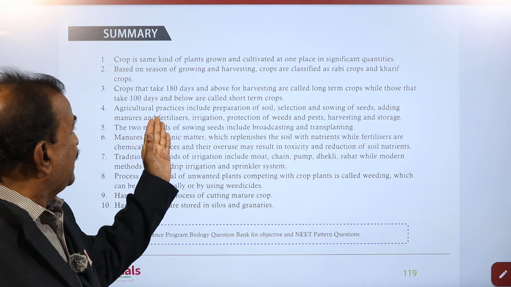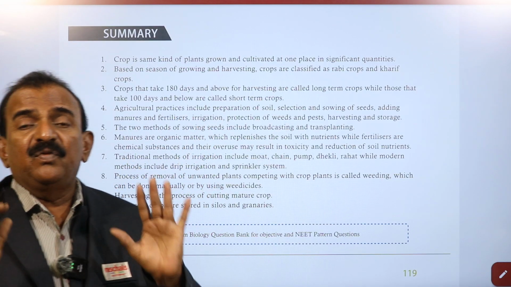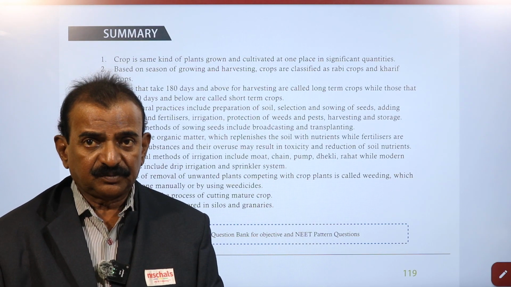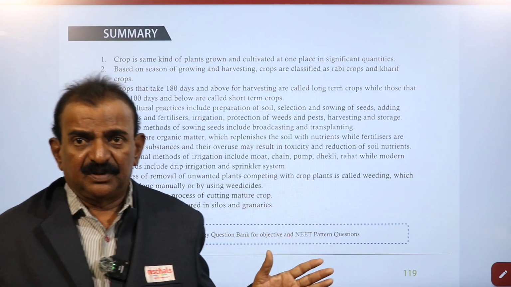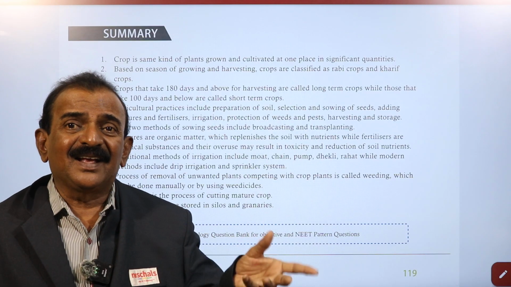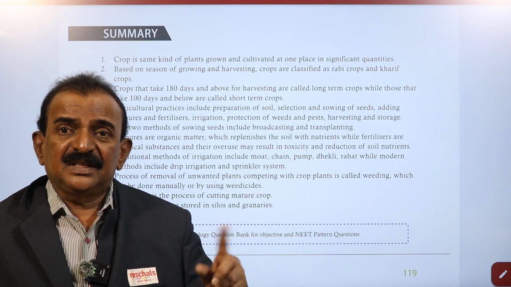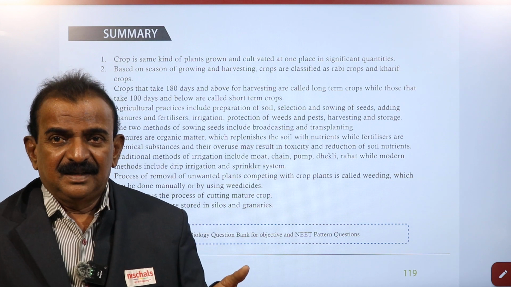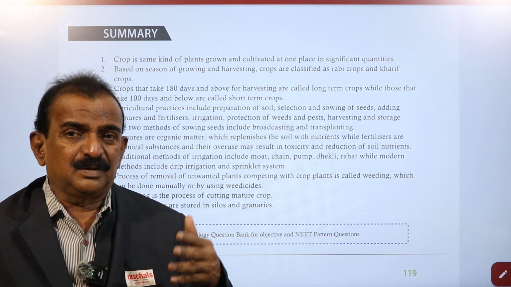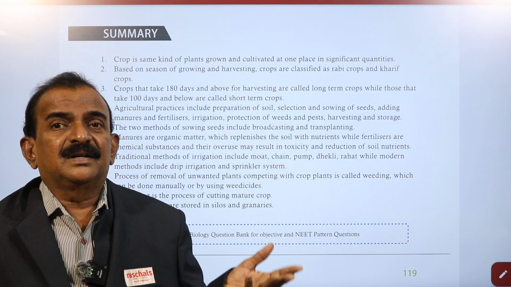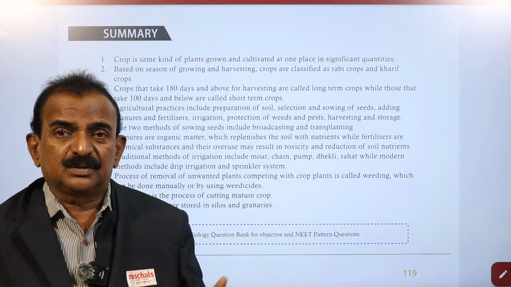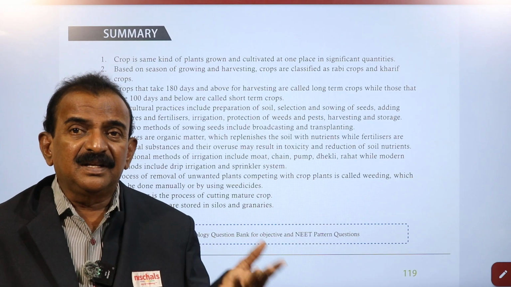And agriculture practices include, so we discussed what agriculture practices are followed by the farmers. Already we discussed some steps. First one is preparation of the soil. Second one is sowing of seeds in the soil. And third one is irrigation. And we discussed traditional irrigation and micro irrigation techniques, like drip irrigation, sprinkler irrigation, basin irrigation, furrow irrigation.